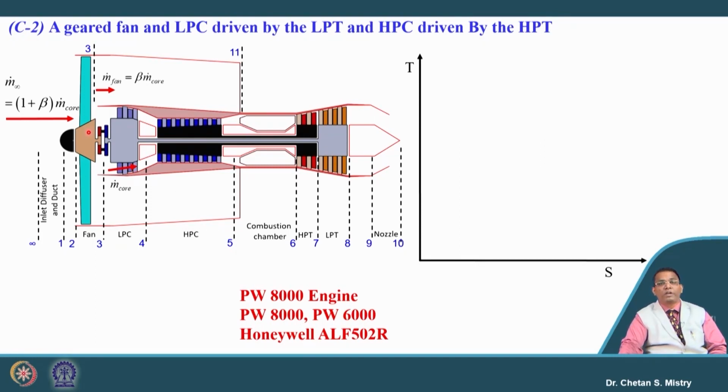Most of the existing geared turbofan engines have this kind of configuration. The Pratt & Whitney 8000 series and 6000 series engines and the Honeywell ALF 502R engine have this configuration, where my fan and LP compressor are driven by the LP turbine.